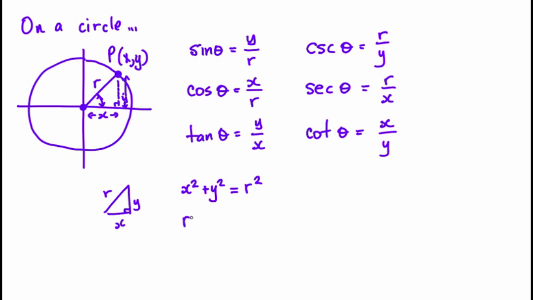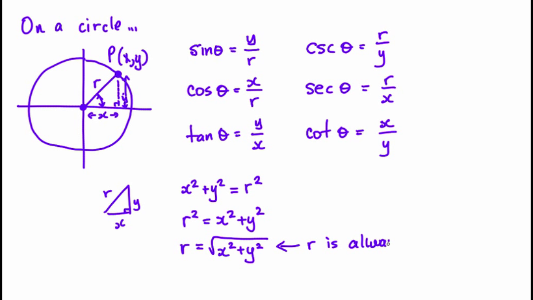But if we rearrange this, just looking at the r squared for a second and then taking the square root, the r is always just the positive square root of x squared plus y squared, and that's because the radius is always positive. It's always a length. So one little neat thing is that fact that r is always positive.